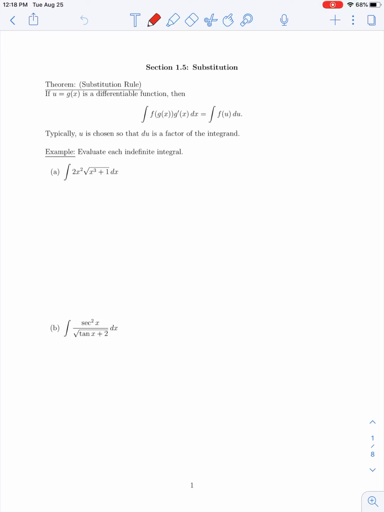And I'll mention before we jump into anything that in this course we're going to learn several different techniques for integrating functions. And typically something that's challenging for students is determining what technique they should use to integrate a certain type of function.